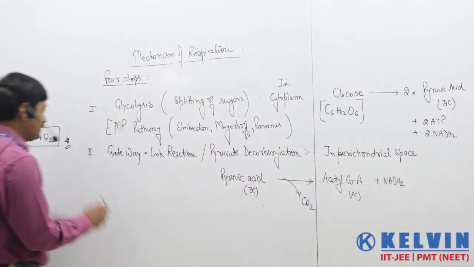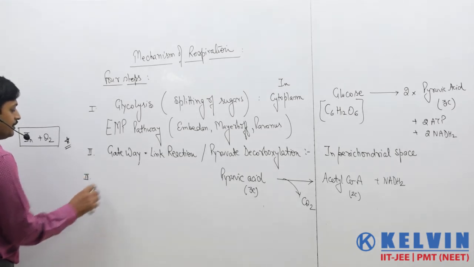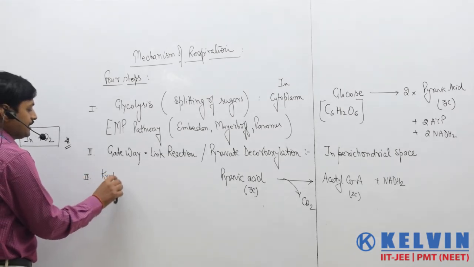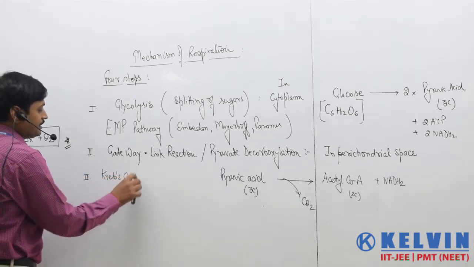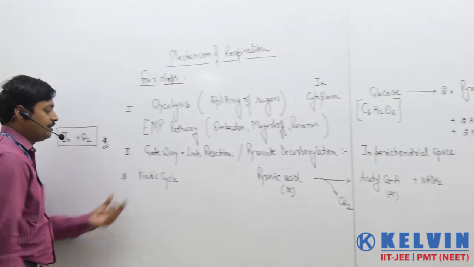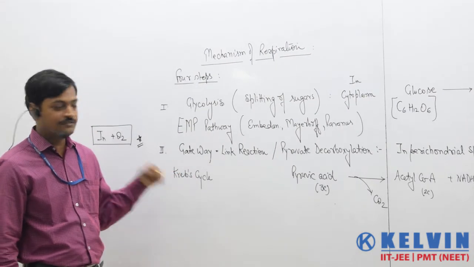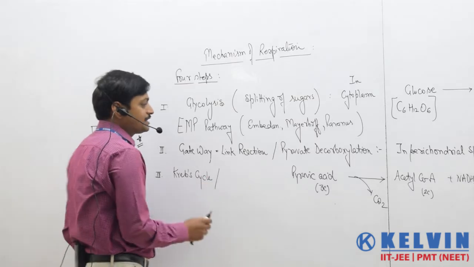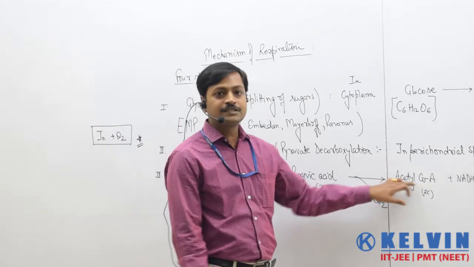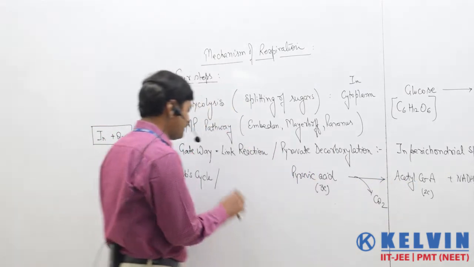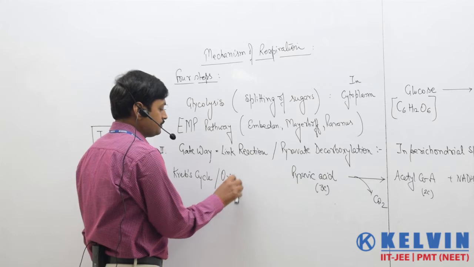So the third step is simply known as the Krebs cycle, after its discoverer, a Nobel laureate who received the Nobel Prize for this work. Because we have oxidation of this compound, it is also known as oxidative decarboxylation.